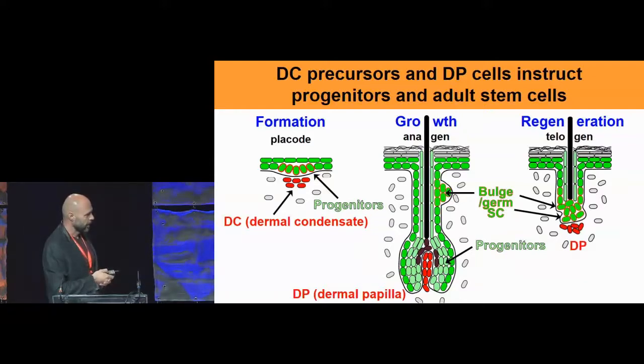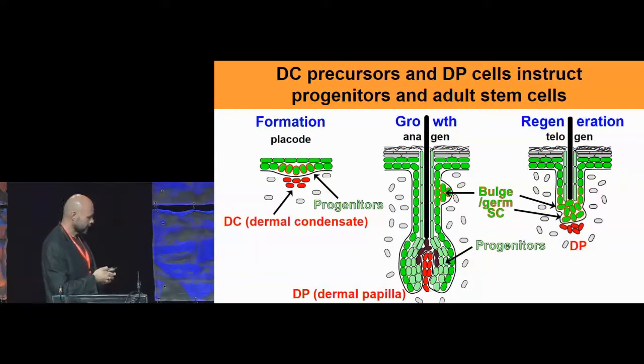Likewise, during the adult hair cycle, DP cells are thought to activate again stem cells in the germ and in the bulge that leads to new downgrowth and formation of the next hair follicle. Preceding all of this, precursors of the mature dermal papilla cells, so-called dermal condensates, interact with placoid progenitors that leads to hair follicle formation in the first place.